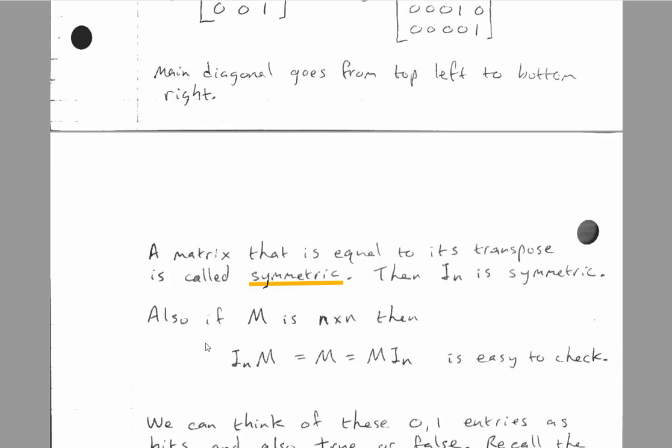But a more important property, if M is any n by n matrix, so it can have any numbers, if you multiply the identity matrix by M on the left or on the right, you just get the same matrix coming back.